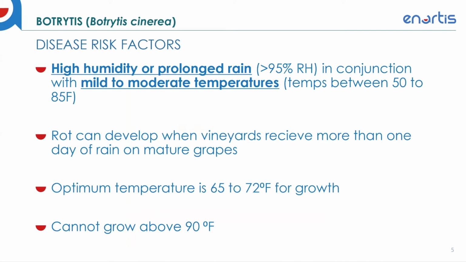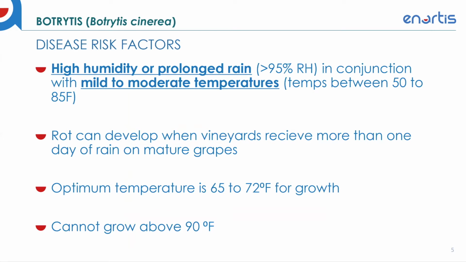The temperature optimum is between 65 and 72 degrees. So within that range, over a prolonged period of time, botrytis really likes those temperatures. And when we get above 90 degrees is basically when botrytis starts to struggle with heat. So we're usually a little bit safer above 90.